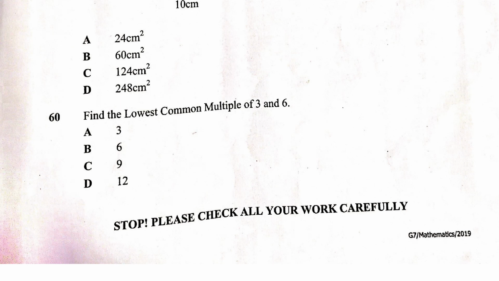So we have this part which is remaining now here. That is area equals L times B. So 4, that is the width, times 6, that is the length. 6 times 4, it gives us 24 square.